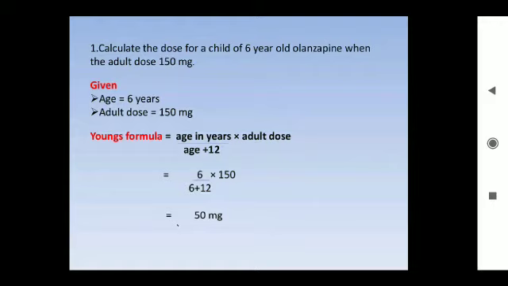We use Young's formula: age in years divided by age plus 12, into adult dose. Substituting the values: 6 divided by 6 plus 12, into 150. The child's dose is 50 mg.